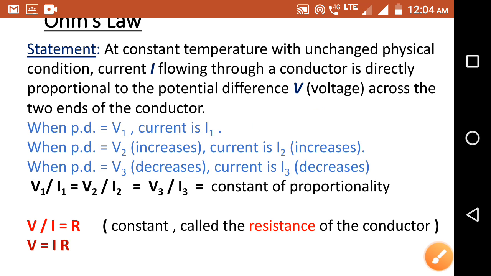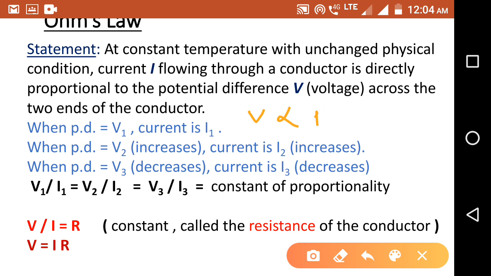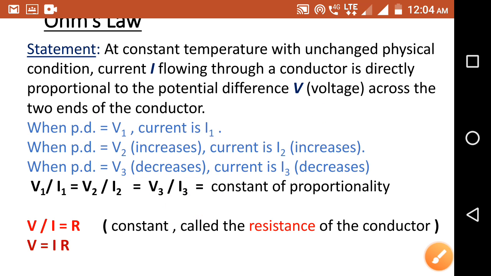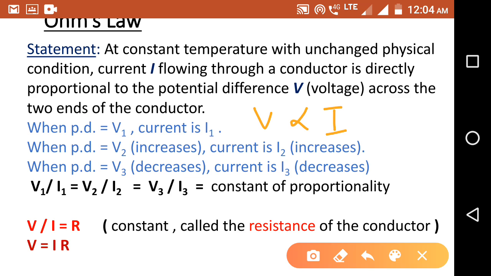So here, if we remove the proportionality sign, then we have to put a proportionality constant. So we have V equal to R into I. Here R is the proportionality constant.